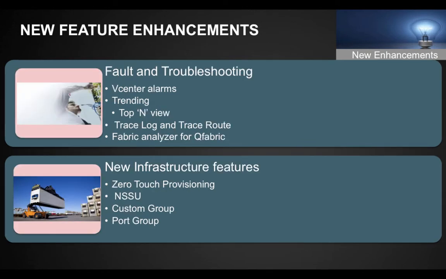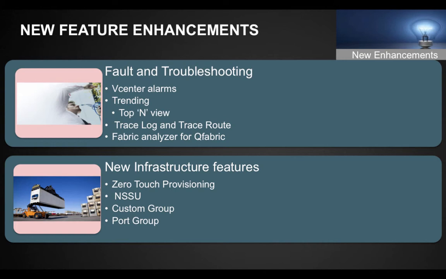With the support of VMware vCenter APIs in Network Director, we are now able to show the different vCenter alarms inside Network Director. Additionally, we have added support for features like trace log as well as trace route. And then on the infrastructure side, we have added support for non-stop software upgrade, as well as zero touch provisioning and custom group along with the port group.